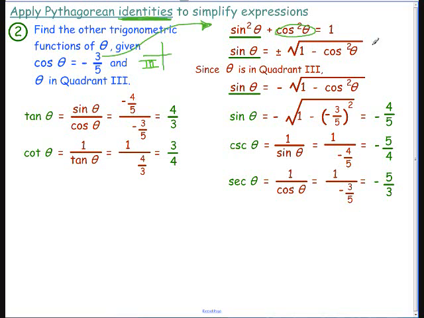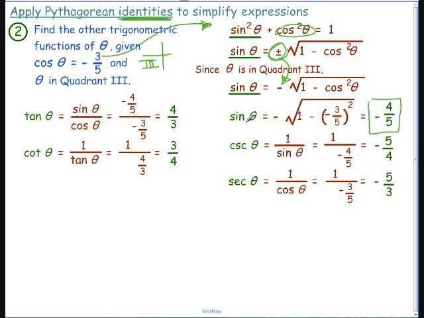We take the square root of both sides. Of course, we know it's plus or minus. But since we're told it's in quadrant 3, what is sine in quadrant 3? It's minus. So we know which sign to use. Then we plug in the value we were given, negative 3/5, and we get sine.